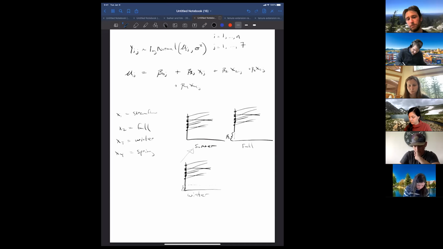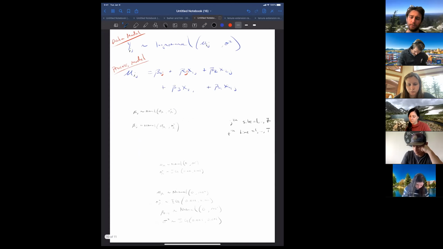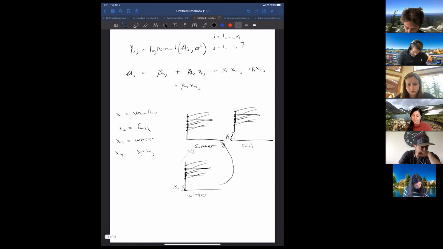So this line here is the same as this line. And then this is beta 3, which is negative. It shifts the whole graph down a little bit. Okay, so this is the model we're fitting. Then I could draw the same thing for spring, and it would just be an offset. And everything else is the same that we drew over here. Okay, does that help address the time question and clarify a couple things?